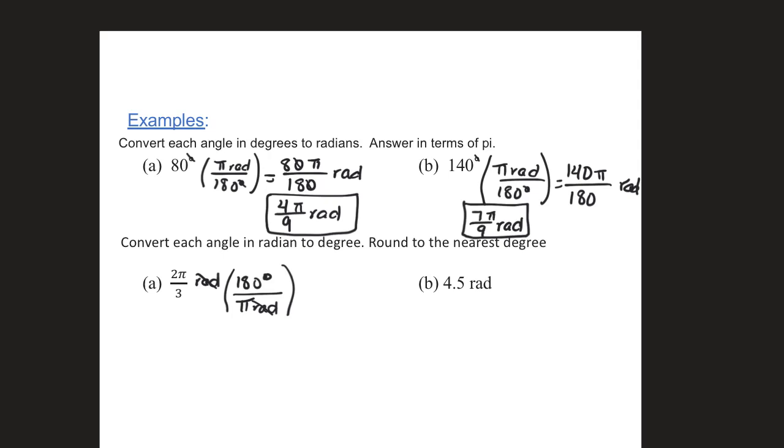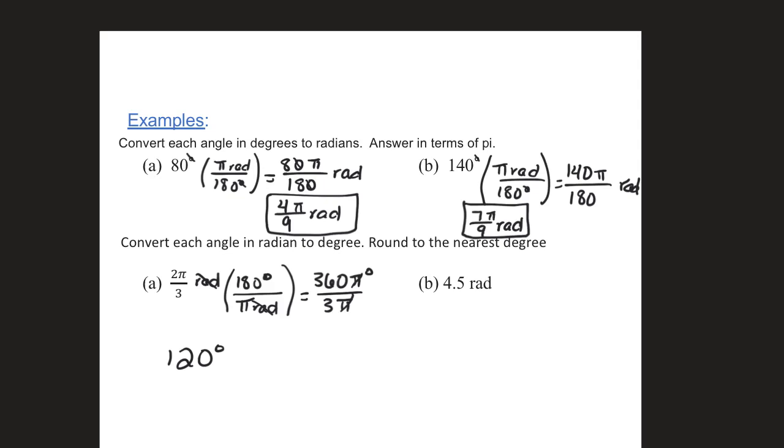So 2 pi times 180 degrees is 360 pi degrees. And then 3 times pi is 3 pi. I can simplify this because my pi's will cancel, and 360 divided by 3 is 120 degrees.